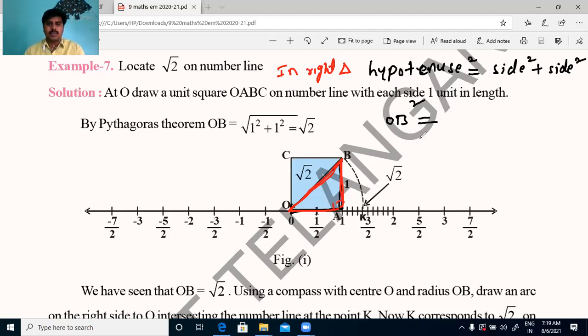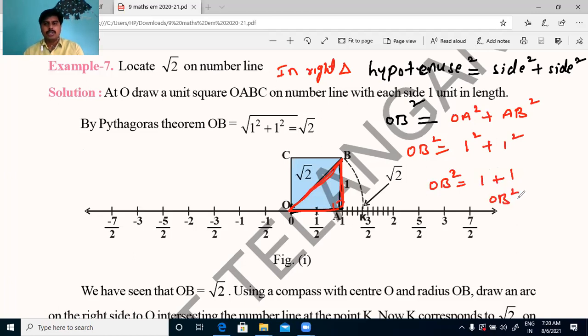OB square is equal to OA square plus AB square, and OB square is equal to OA value, what is that OA value? 1 square, and AB value is also 1 square. OB square is equal to 1 square, which is nothing but 1 only, and 1 is also 1, so OB square is equal to 2, and if you transpose this square to the RHS side, it becomes root 2. Okay, it becomes root 2.